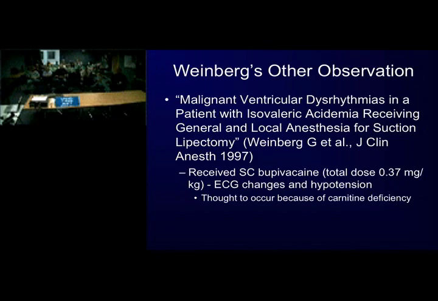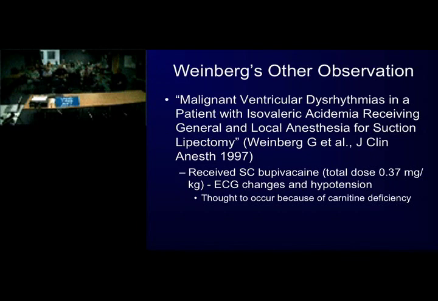And this patient received a subcutaneous bupivacaine dose of 0.37 milligrams per kilogram, and they had ECG changes as well as hypotension. And in this paper, they suggested that it was because of carnitine deficiency that can happen with people with isovaleric acidemia.